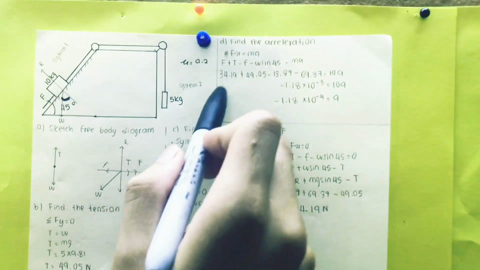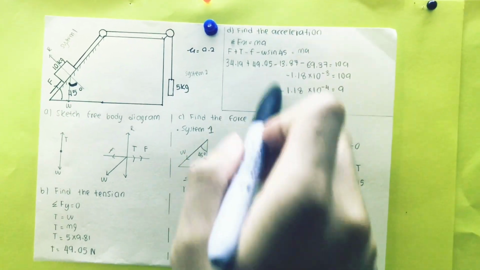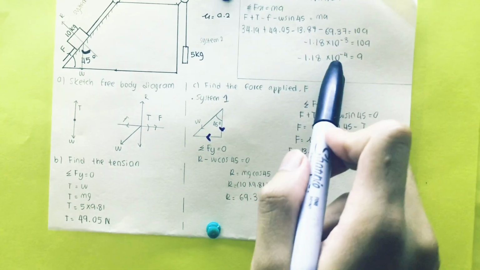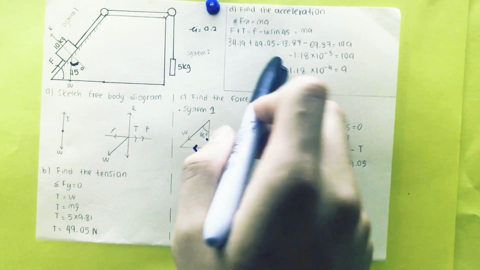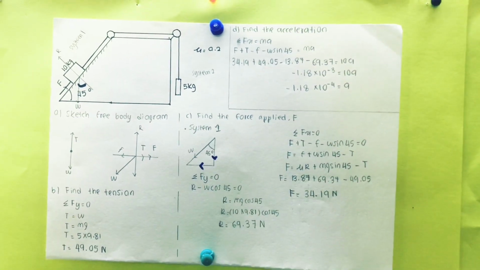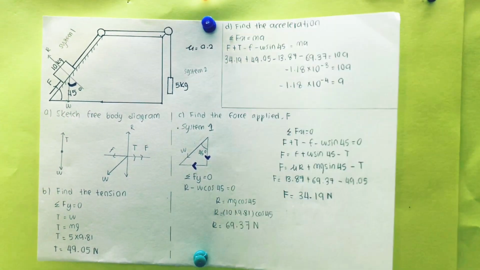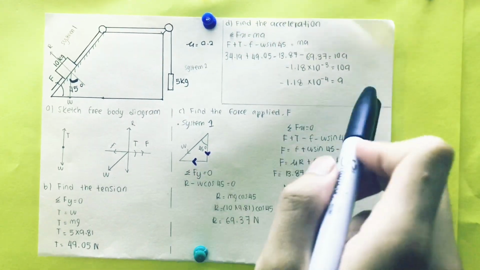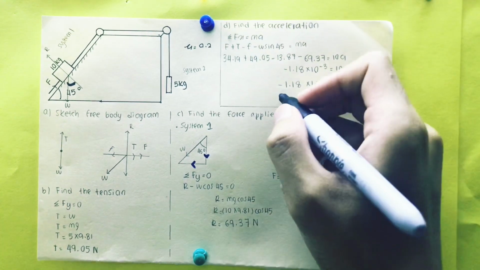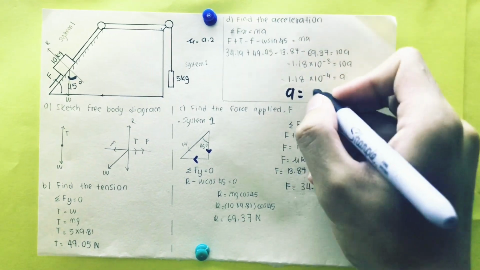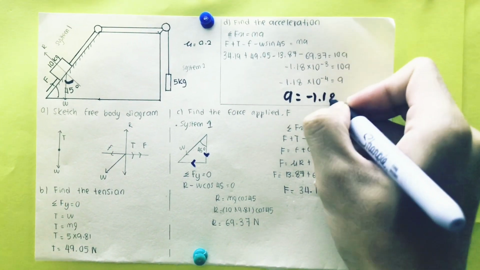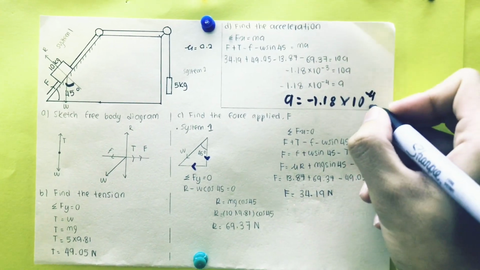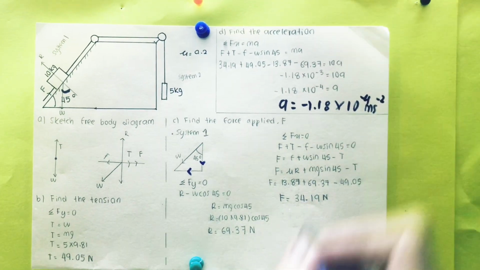So 34.19 plus 49.05 minus 13.87 minus 69.37 equal to 10a. So we got negative 1.18 times 10 to the power of negative 3 equal to 10a. So we get a, and make sure to put the unit: negative 1.18 times 10 to the power of negative 4 ms to the power of negative 2.